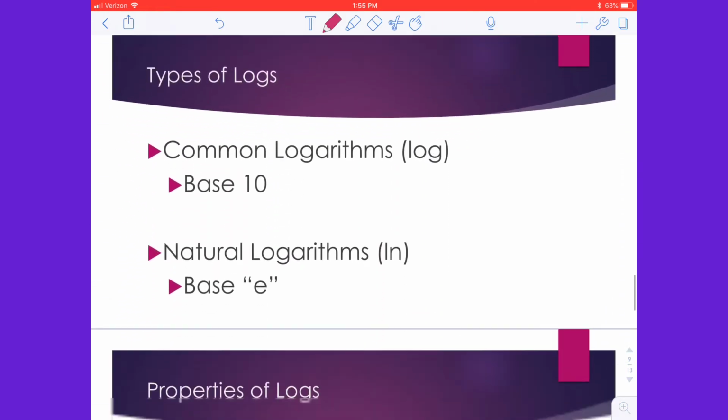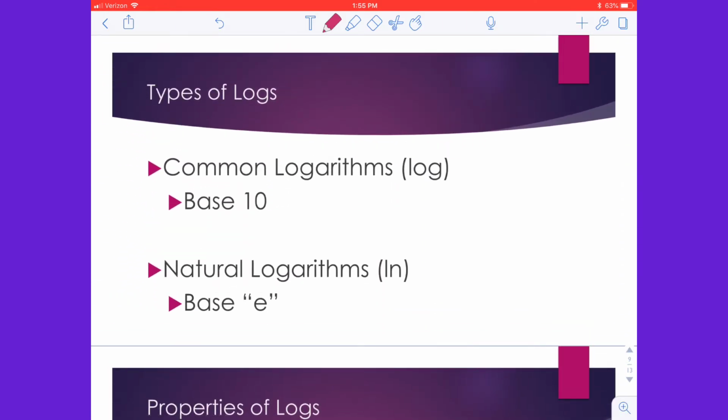Now there's two types of logarithms that we have. We have common logarithms as well as natural logarithms. Common logarithms use the word log, and they have an understood base of 10. Whereas natural logarithms utilize the letters ln, and they have an understood base of e. And keep in mind, we've learned about e.